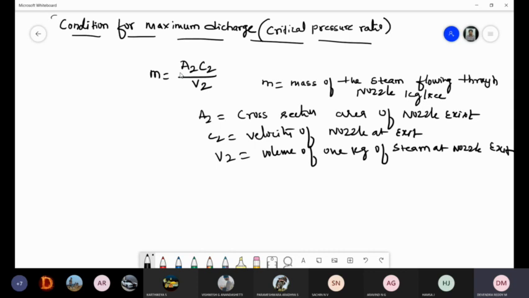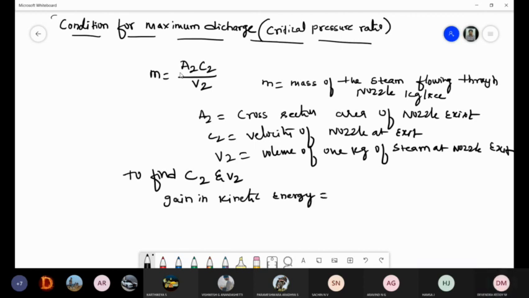Now for this entire condition, to find C2 and V2, this is in the last module, the nozzles. Write down: gain in kinetic energy of steam equals work done during Rankine cycle.